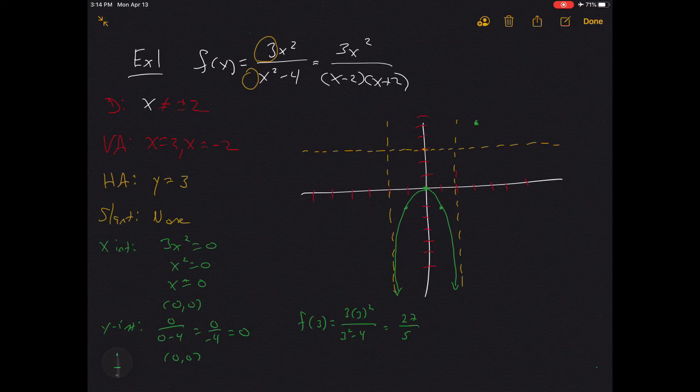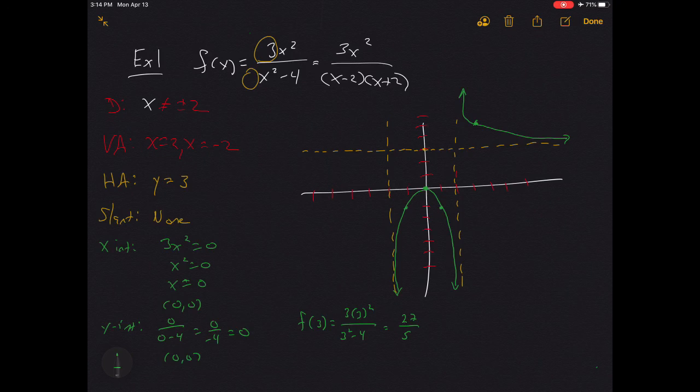It can't, because we don't have any more x-intercepts. We already found them all. So as x goes to the left, it has to go up. And as x goes to the right from there, it's got to approach our horizontal asymptote, so it's going to start to come down and approach the horizontal just like that.